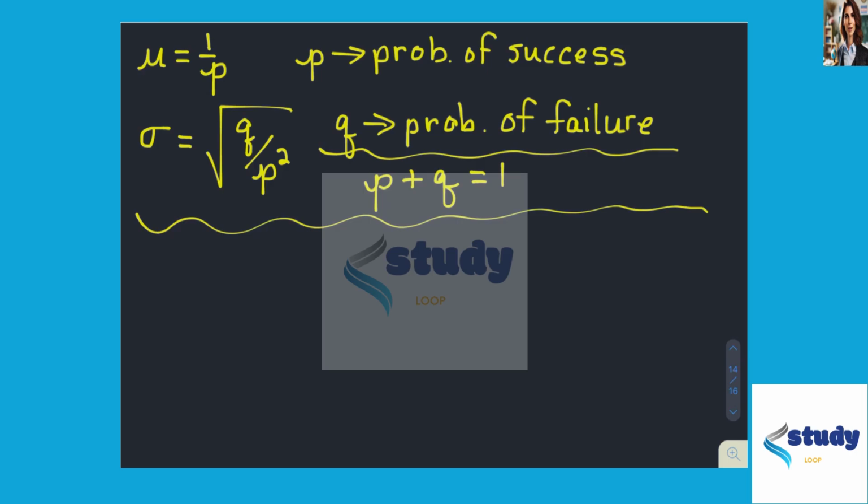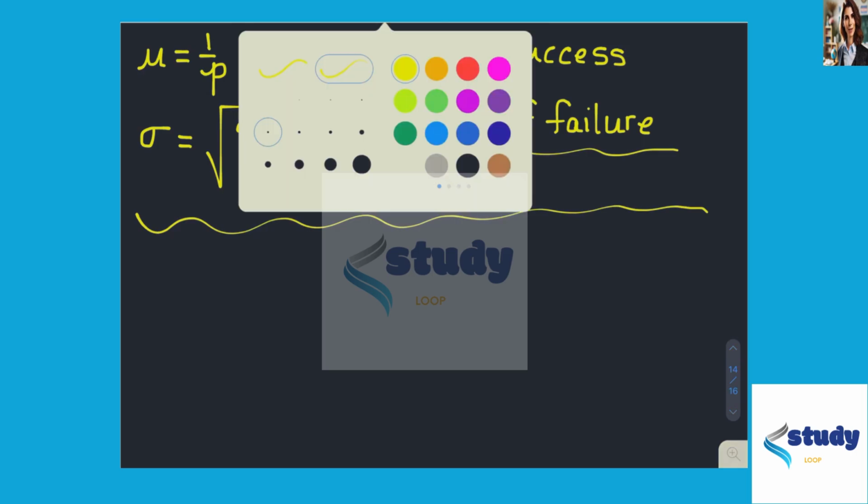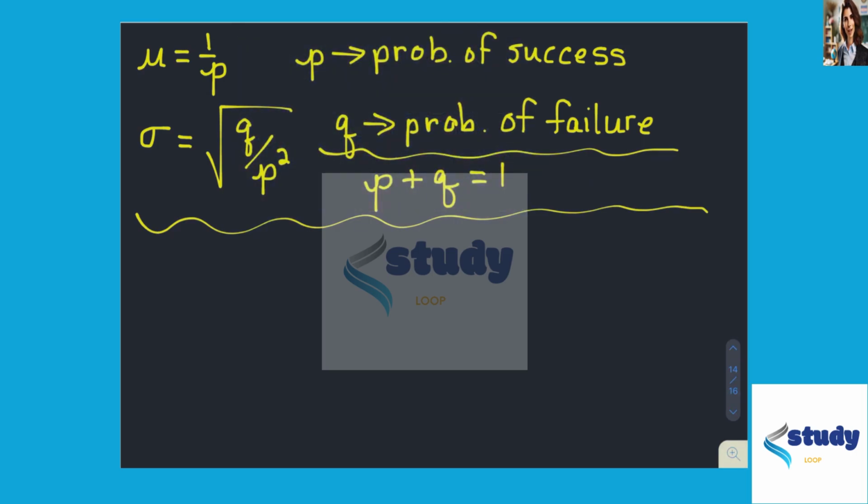So let's apply these formulas to this problem. In this problem, we are talking about 1 in 5 teachers becoming a teacher truly because of the summer vacation.